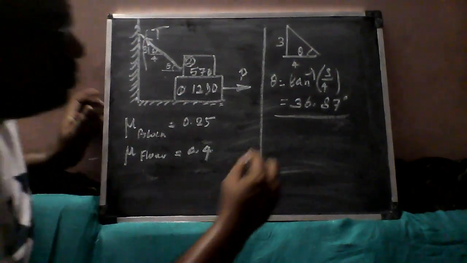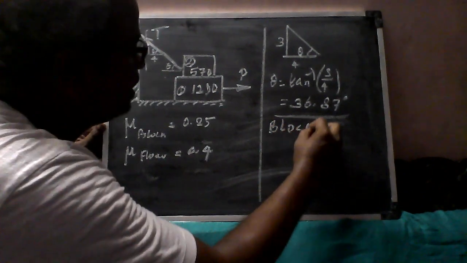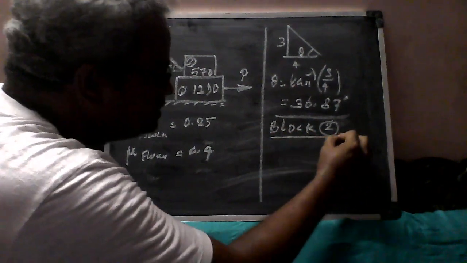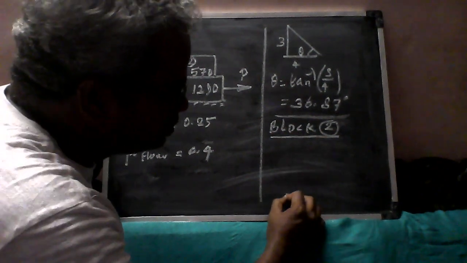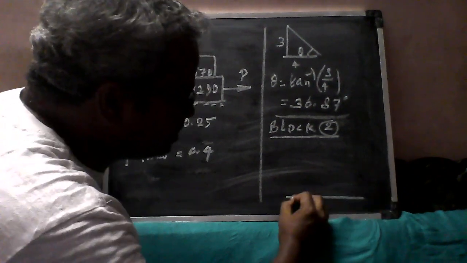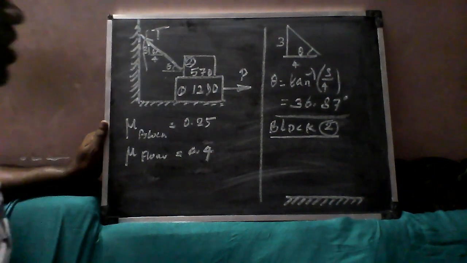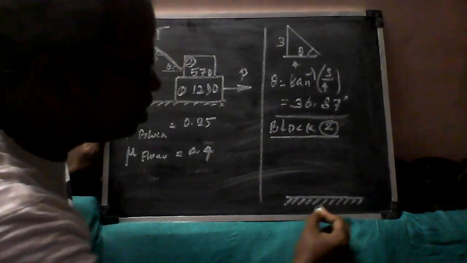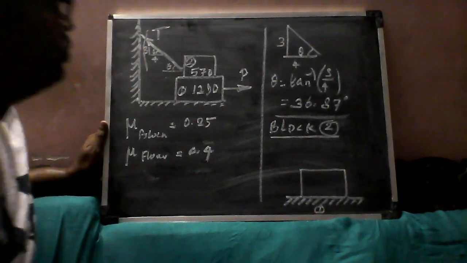The very first block, block 2, I am taking first. Block 2, if you consider, will have a surface of contact, that is from block 1 surface, and this is my block 2.